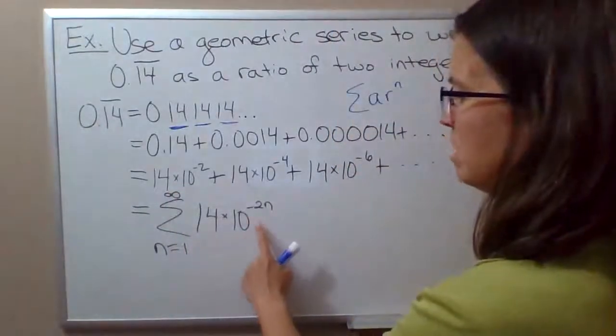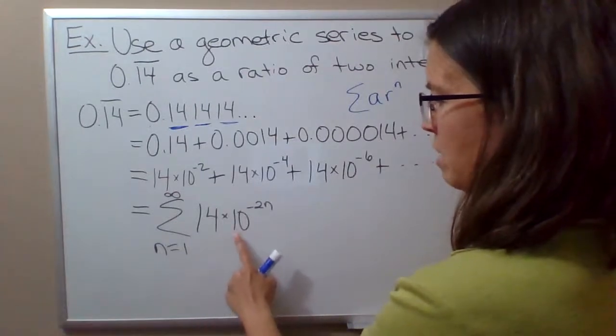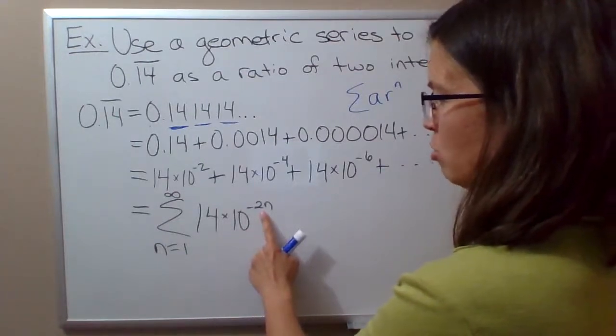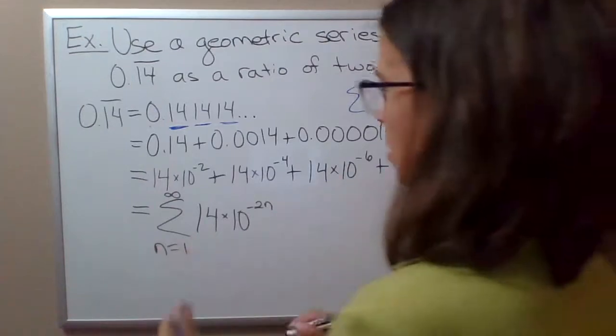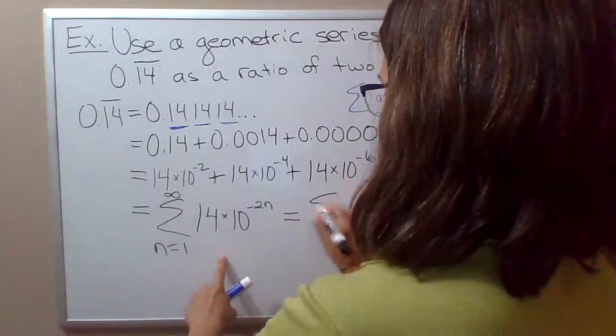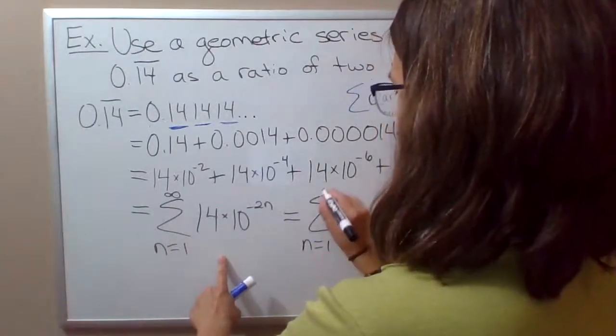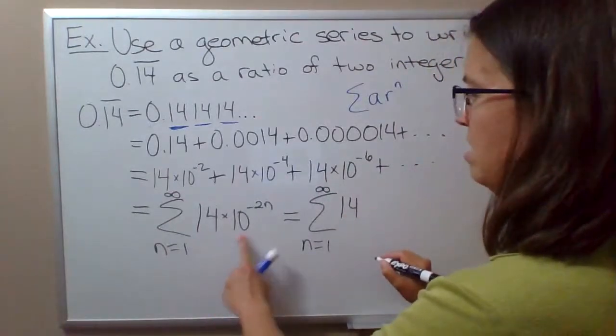That'll give me 14 times 10 to the negative 2 when n equals 1, and then 14 times 10 to the negative 4 when n equals 2, and then 14 times 10 to the negative 6 when n equals 3, and so on.